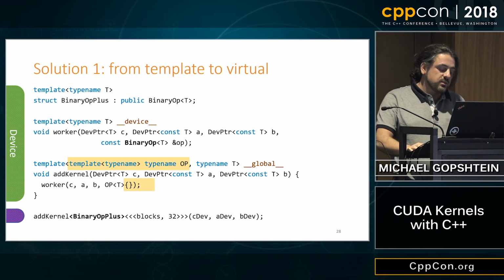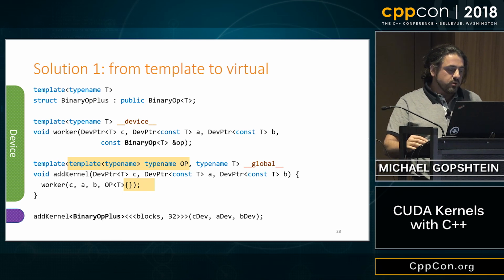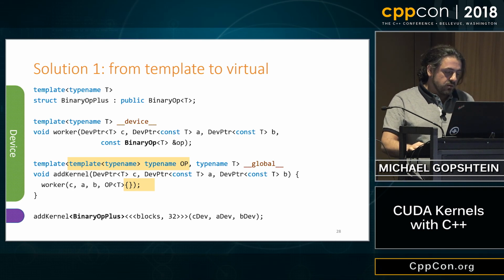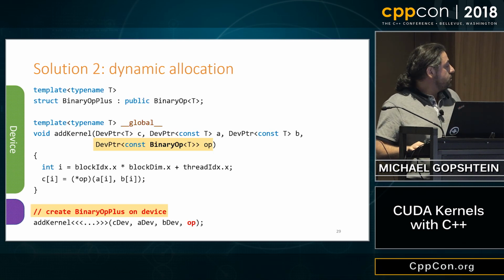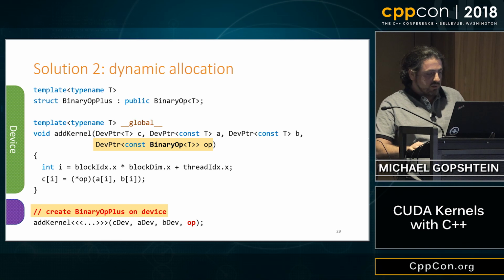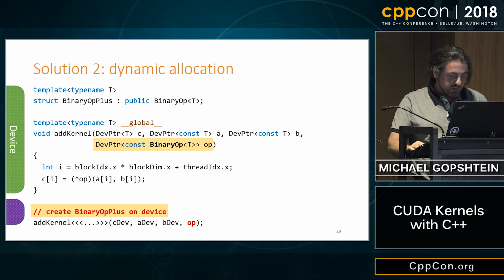But there is a design problem, as if we already have this parameter as a template parameter, then there's no point to convert it later in processing to the virtual function. So instead, we'd like our add kernel to have a parameter which is of a type of a pointer to an interface, binary op, and somehow in our CPU code, we would like to create this object in a GPU namespace.